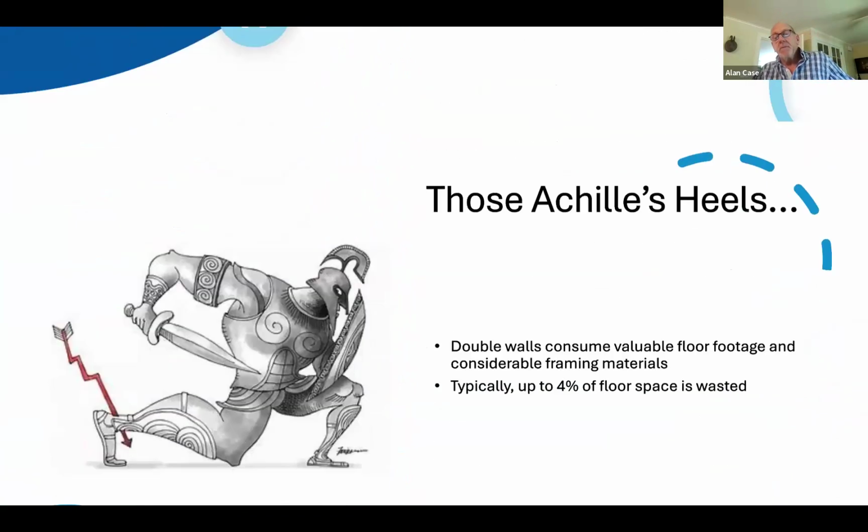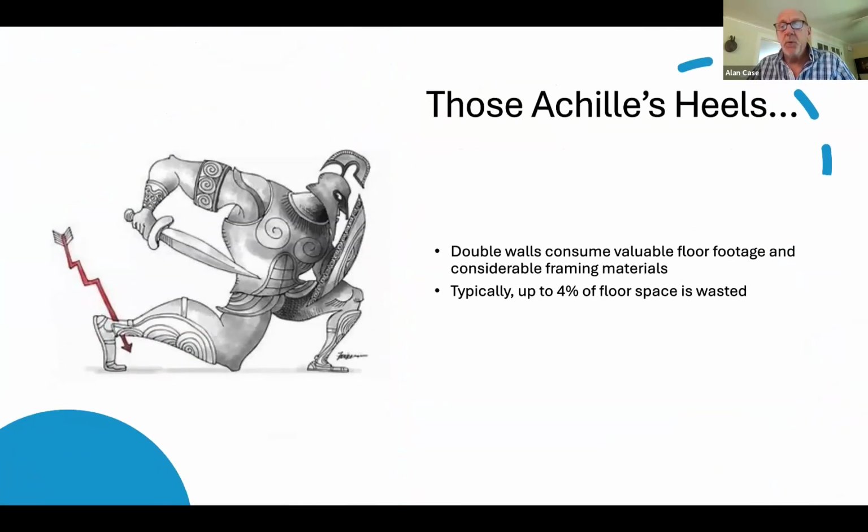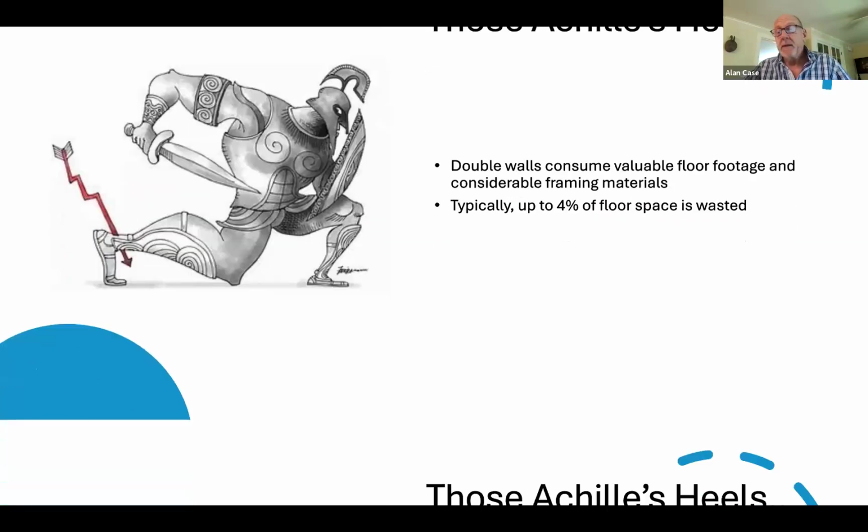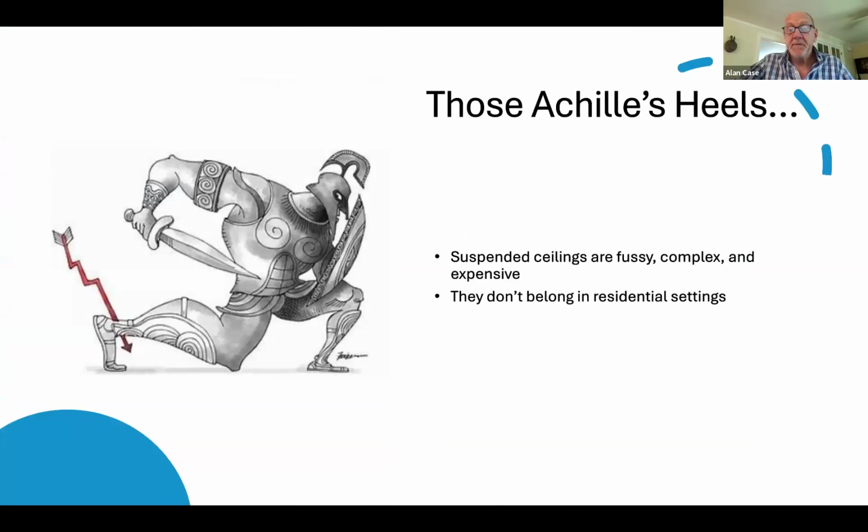The double walls are effective, even though we do outperform that with a single stud situation. But the biggest problem with double walls is they eat up a lot of floor space. The cost of construction is so high now, and losing 3 or 4% of your floor space to an unnecessary second partition is something that's really frowned upon.